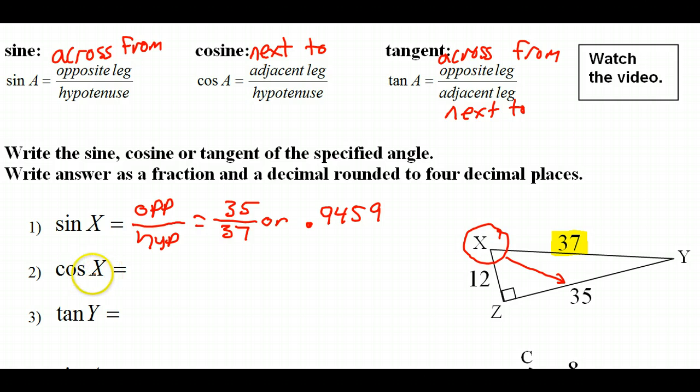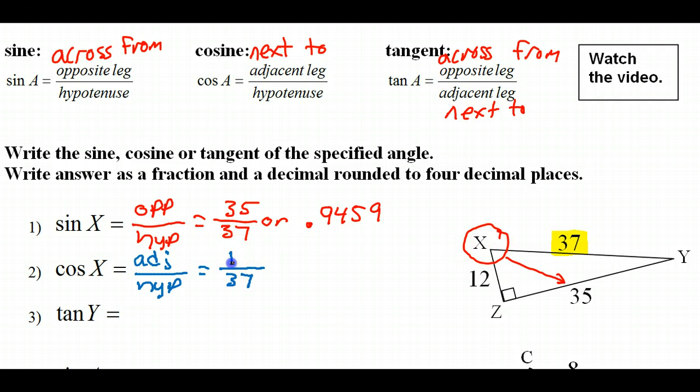Okay, so cosine of angle x. Now we're doing cosine. The definition of cosine is adjacent over hypotenuse. The hypotenuse is still 37, so that still goes in the bottom. Adjacent means right next to. Looking at angle x, what's right next to it?